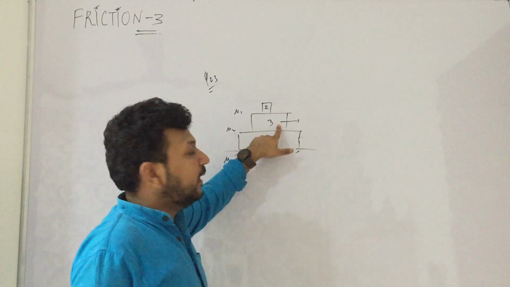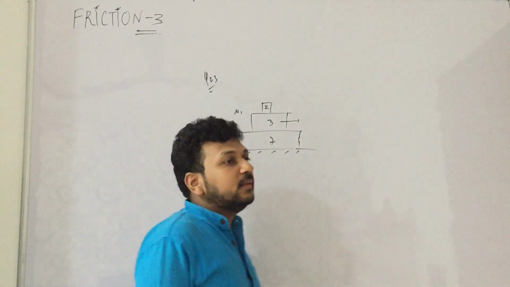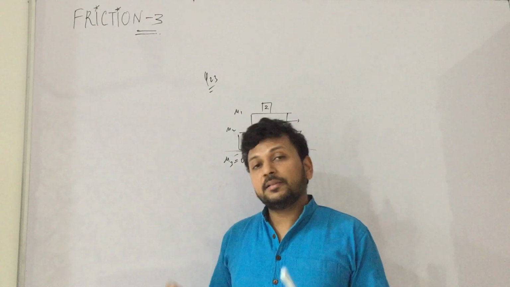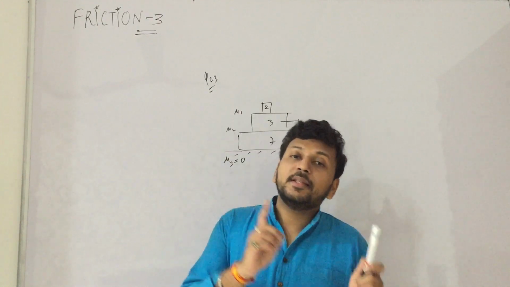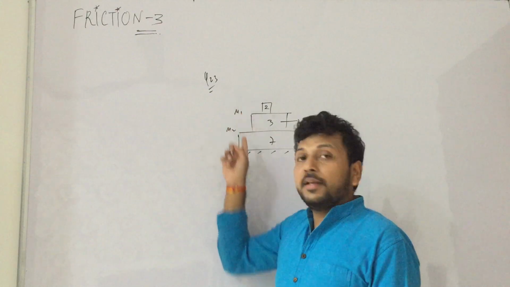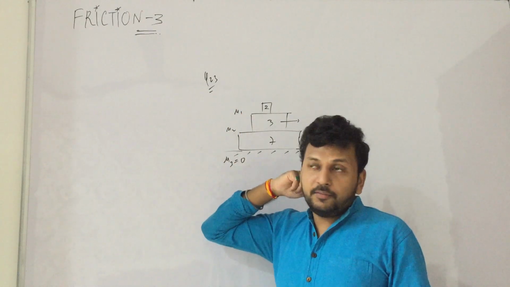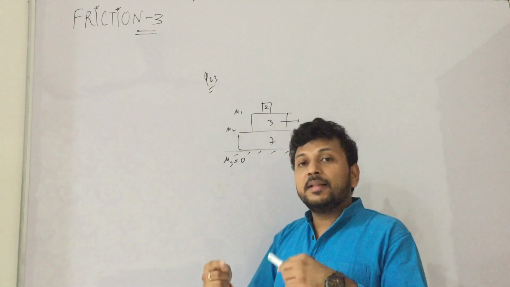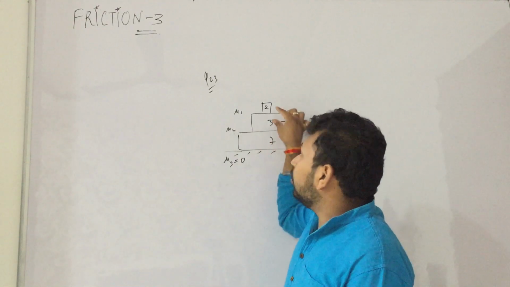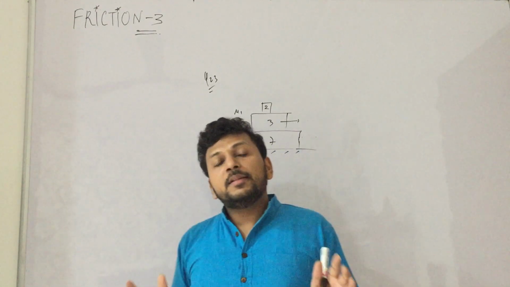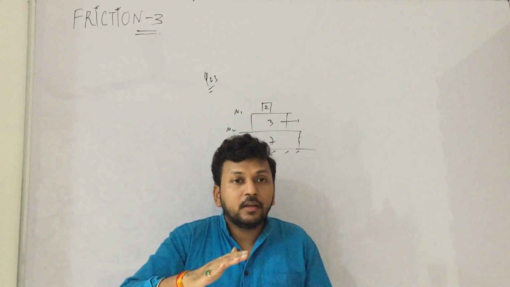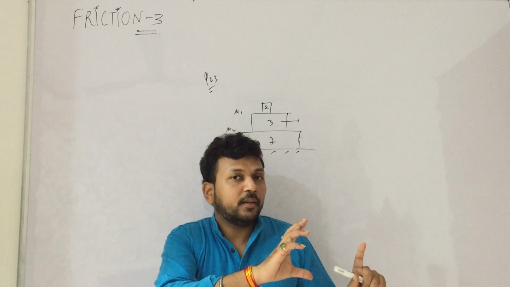Similarly, if I consider 3 kg, the first case I can consider is that all three are moving together. In that case, acceleration is same, and friction will be less than the maximum value mu n in each case. If that comes true, good enough. If that doesn't come true, you can consider the second case that 2 and 3 are moving together. In general, this happens if a block is above something, so both of them will come together.